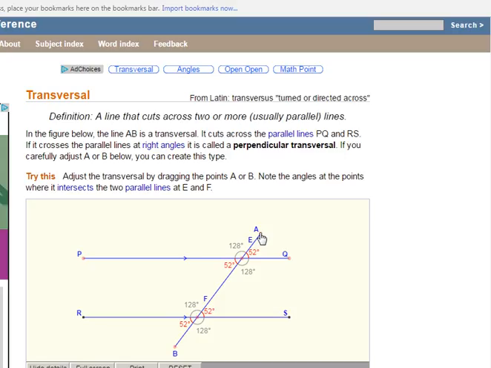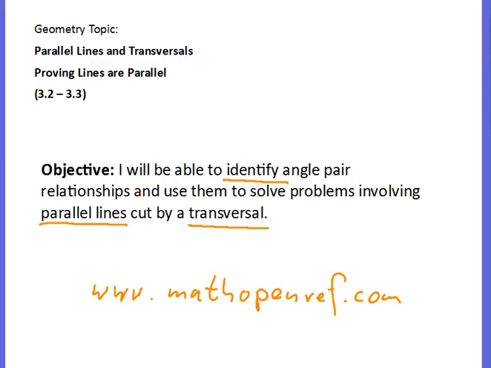They are supplementary, and even because they're next to each other, they are also linear pairs. This is just a little bit of vocabulary review from last class. So then let's get back to our notes and get started.